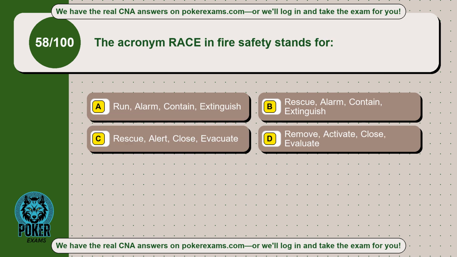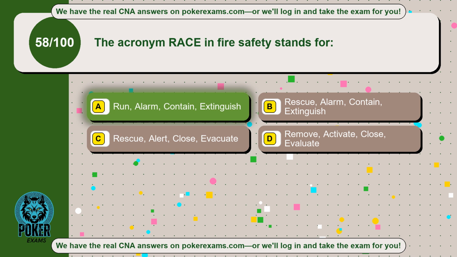Question 58. The acronym RACE in fire safety stands for: Option A, run, alarm, contain, extinguish. Option B, rescue, alarm, contain, extinguish. Option C, rescue, alert, close, evacuate. Option D, remove, activate, close, evaluate.